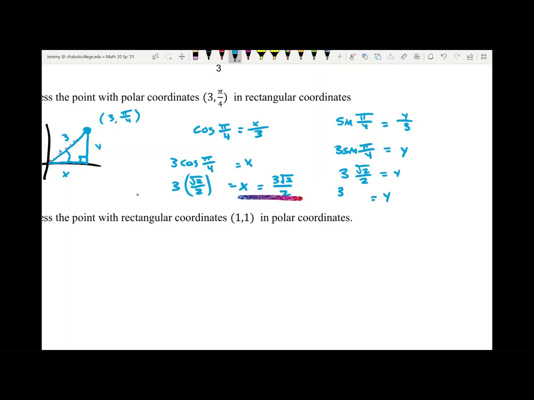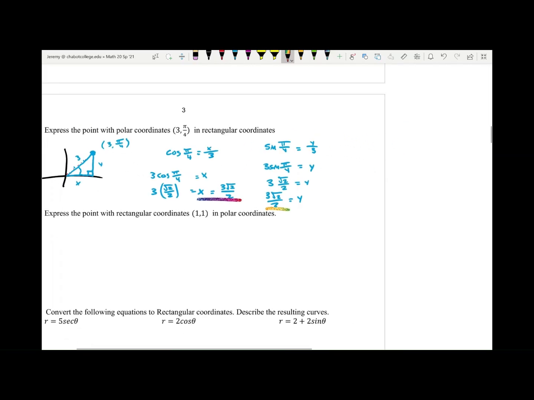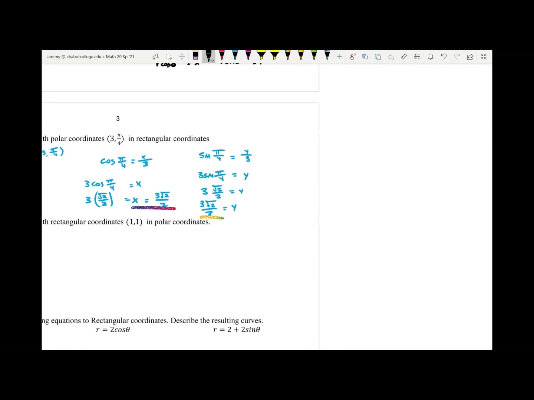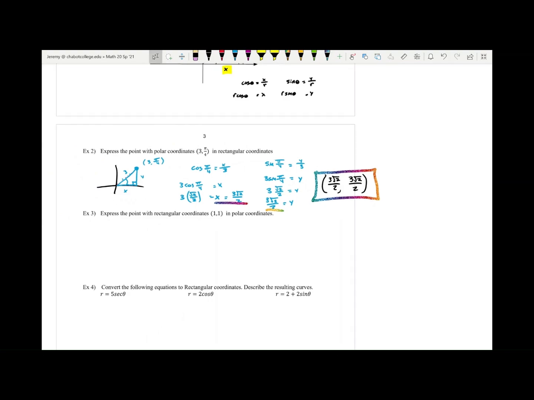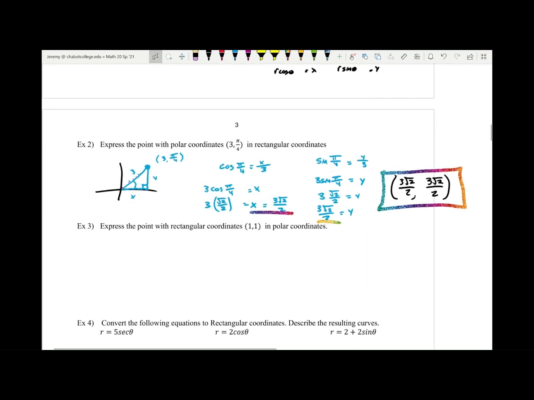So I get that y is also equal to 3 root 2 over 2. So then the ordered pair is going to be 3 root 2 over 2, 3 root 2 over 2. So there it is. That's how I would convert to rectangular coordinates from polar.